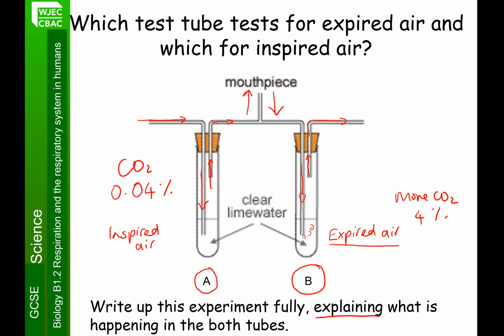Then what we'll do is we'll stick that into your booklet so that it stays safe. So pause the video. You can use the diagram to help you to explain, and the arrows are on the diagram in your book, but you need to write clearly telling me which tube is testing inspired air and which is testing expired air. So pause the video whilst you complete page 24.